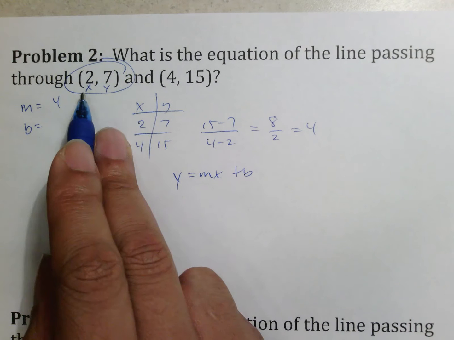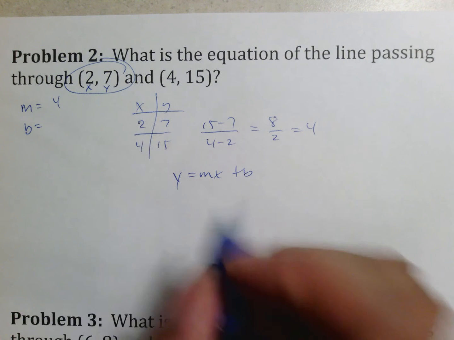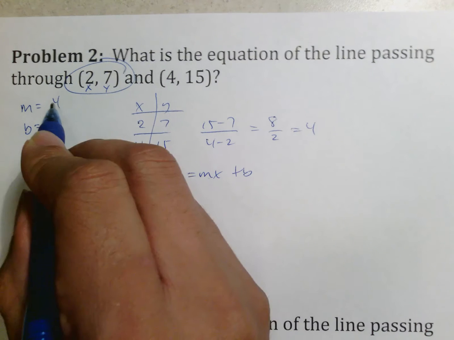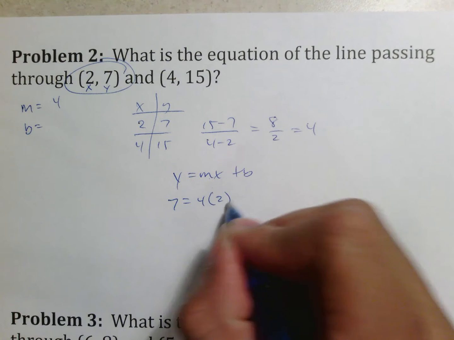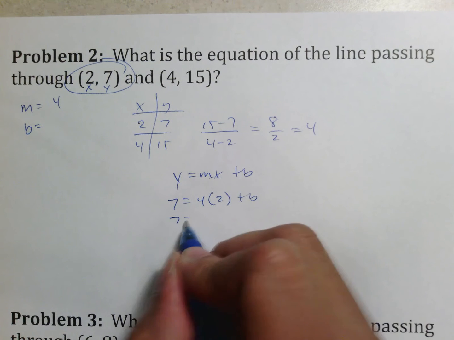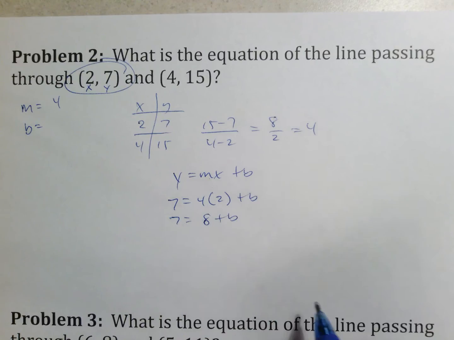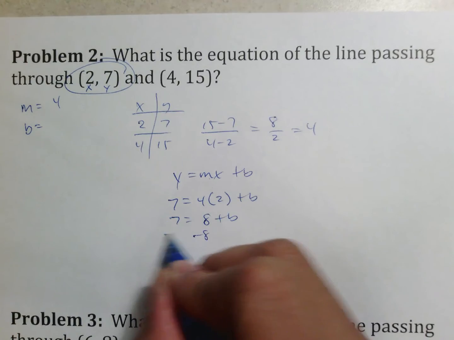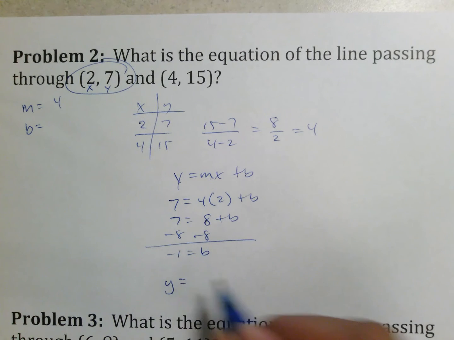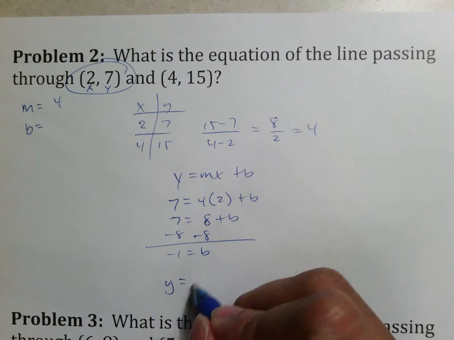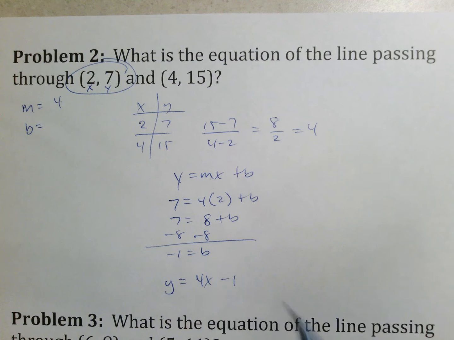Based off of this point, I put 7 in for y because that is y. m in this case is 4, we just found it. x is 2, plus b. 7 equals 8 plus b, which means I need to subtract 8 from both sides to get negative 1 for b, which means that my answer is y equals 4x minus 1.